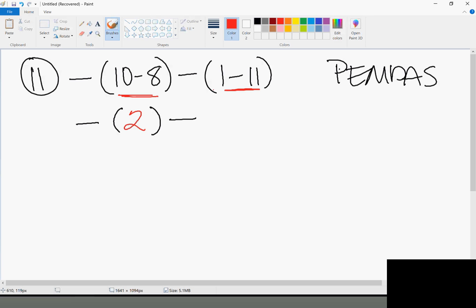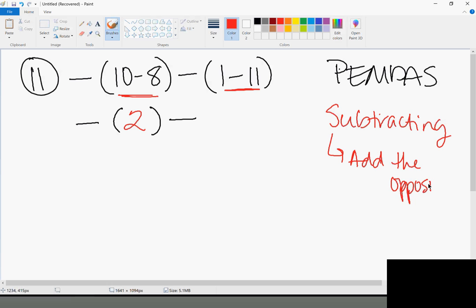Something else to remember when you're subtracting integers. When subtracting, you can add the opposite and then follow the adding integers rules. So 1 minus 11 can be written as 1 plus negative 11.